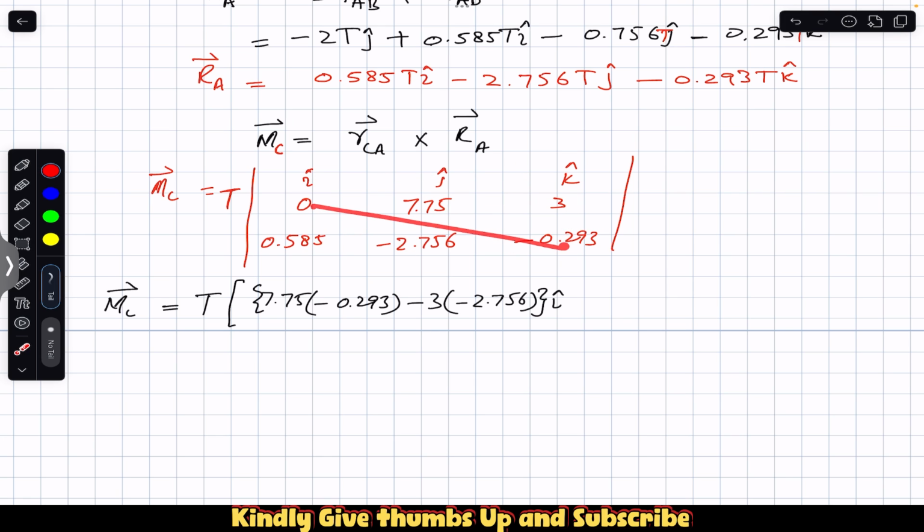With J, we always have the minus sign. So that will be minus 0 into minus 0.293 is 0, and then minus 3 into 0.585 J. So one minus is for this and one minus is for the negative 3.